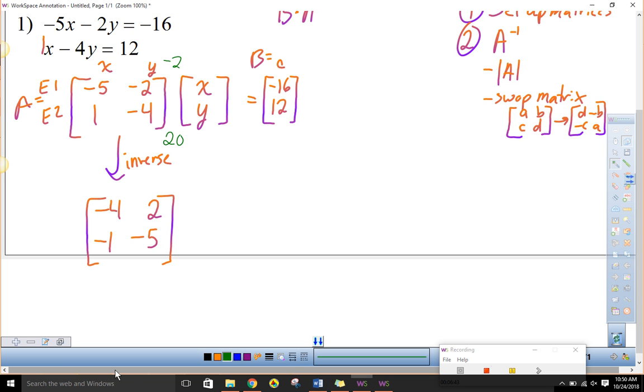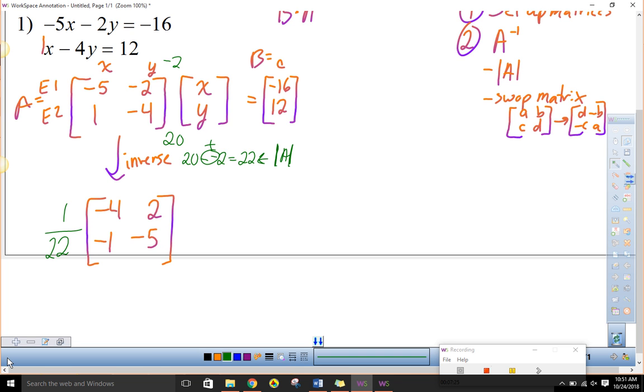Bottom minus top, which is 22, right? 20 minus a -2 is a 22. That is your determinant of A. How do I put that here? 1 over 22. Very good.